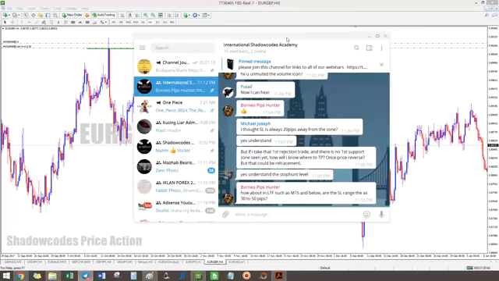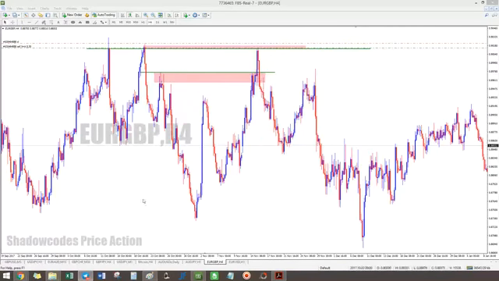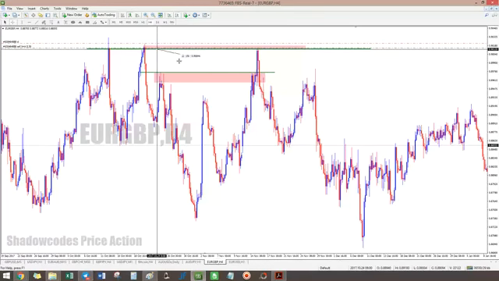Jules James asks if on a lower time frame the range is 30 to 50 pips. Actually, on different time frames, we will not see it as pips. You will see it as order recognition.